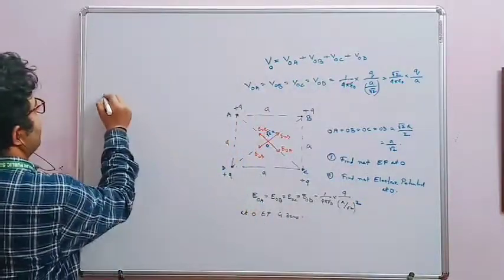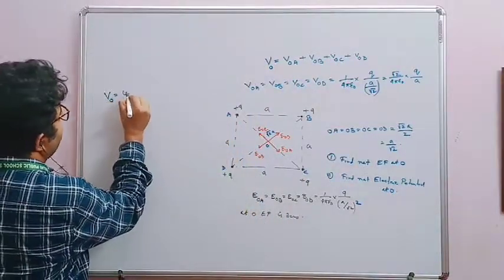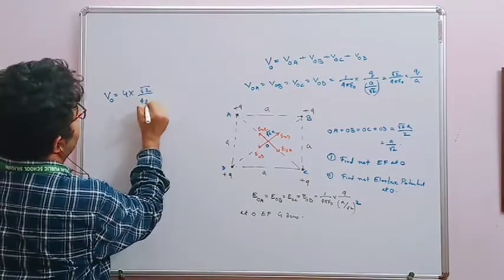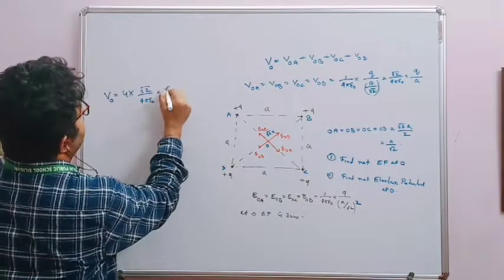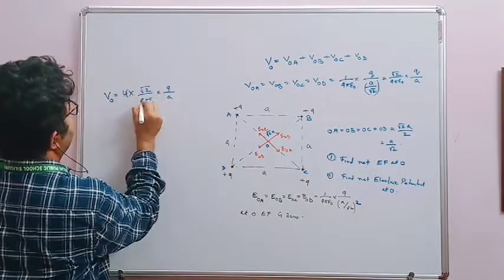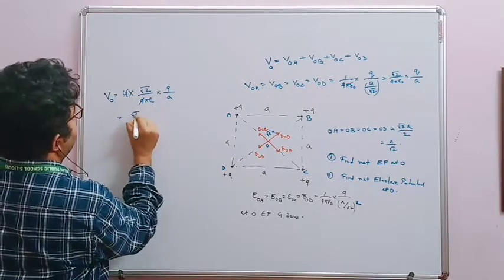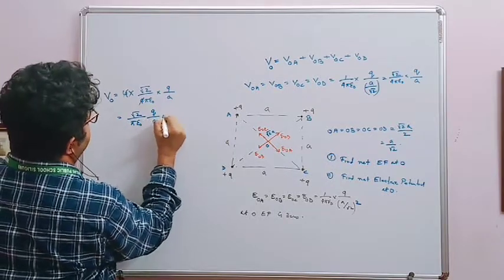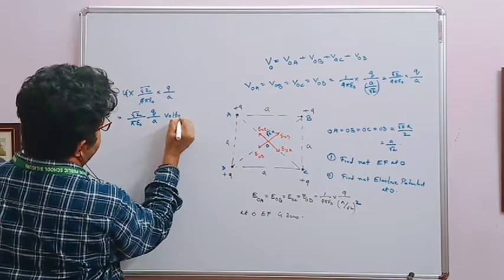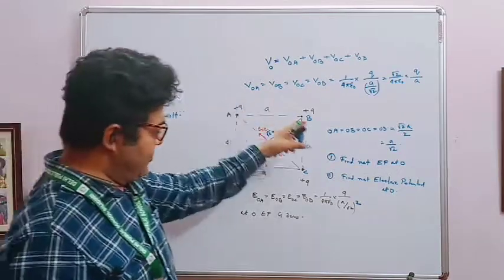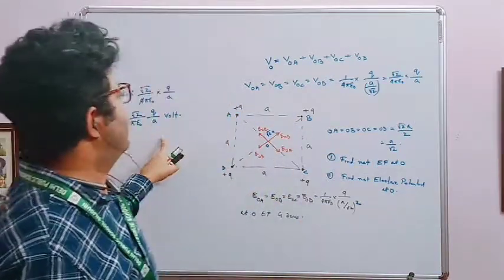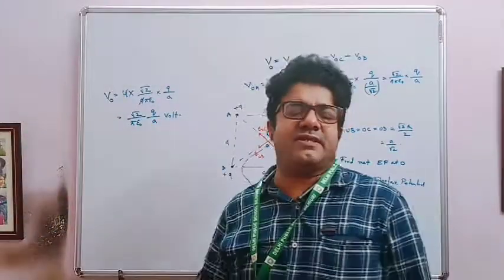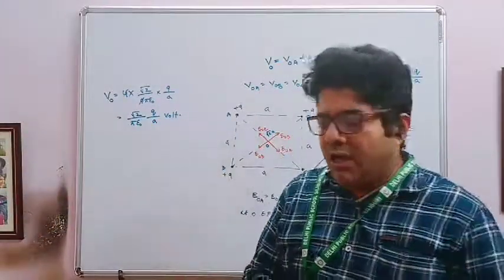So the potential at O is 4 into root 2 by 4 pi epsilon naught Q by A. The 4 cancels, so we have root 2 by pi epsilon naught Q by A volt. As we are not given any values, we can leave it that way. If the examiner gives you some charge value and some distance, then you calculate it.